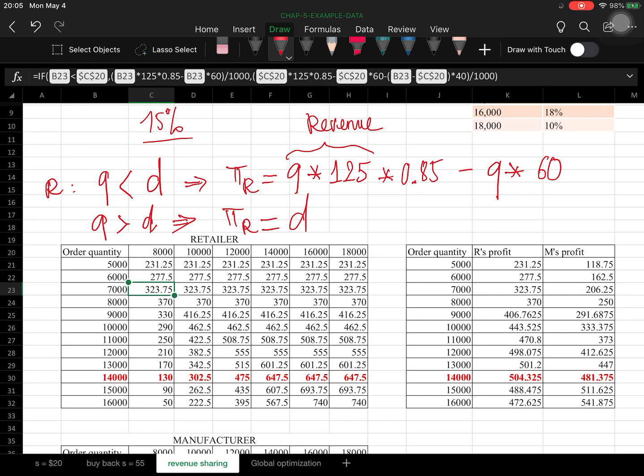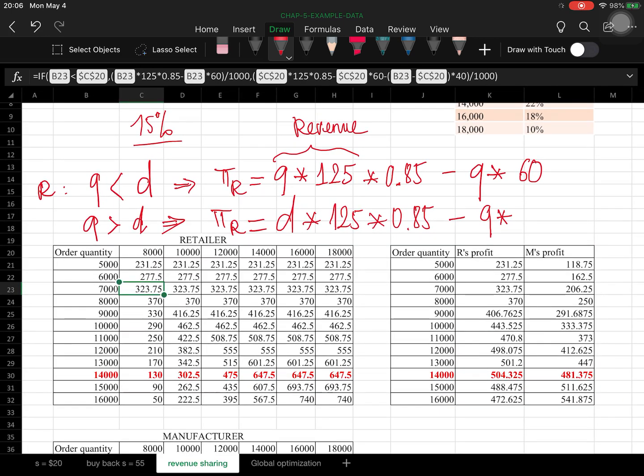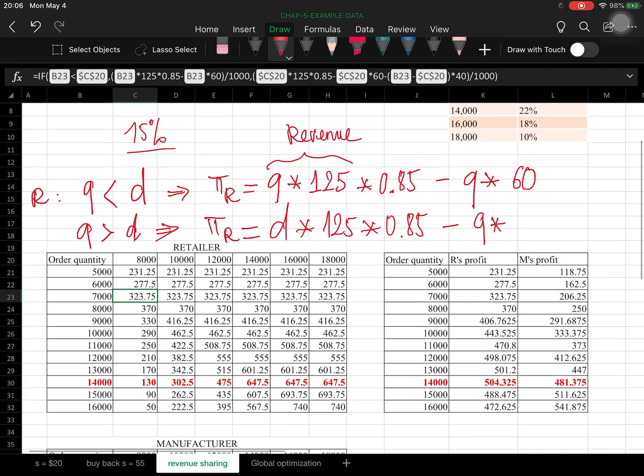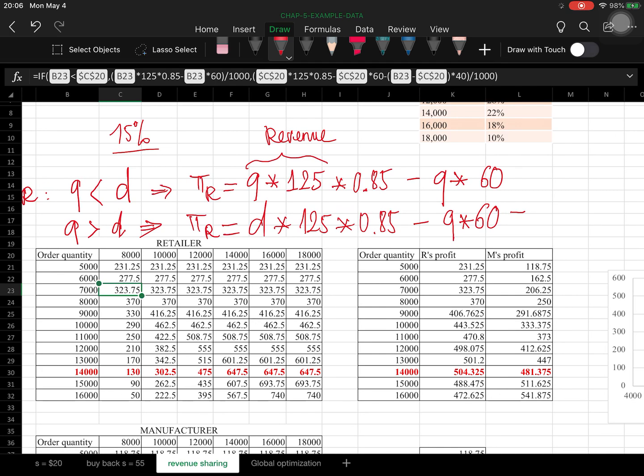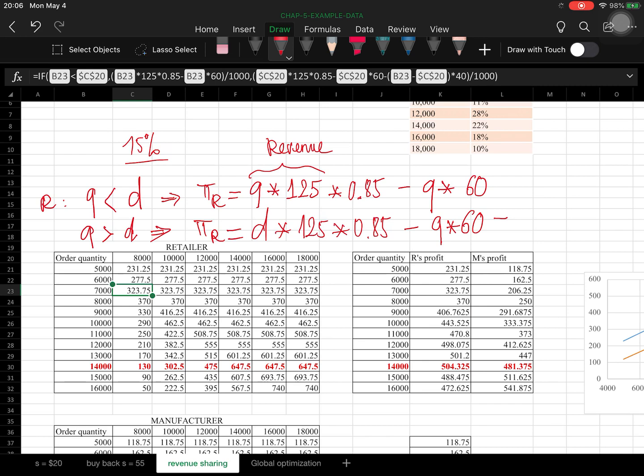The total quantity they sell is D, multiplied by 125 multiplied by 0.85, minus the cost, because they buy Q, so 60 multiplied by Q, and minus the marginal loss.